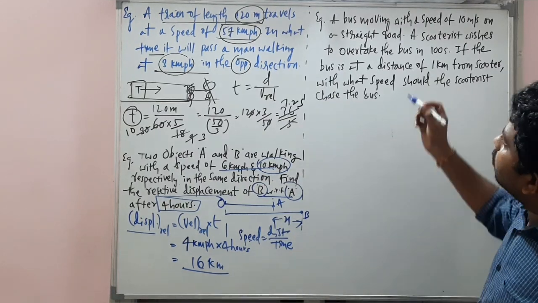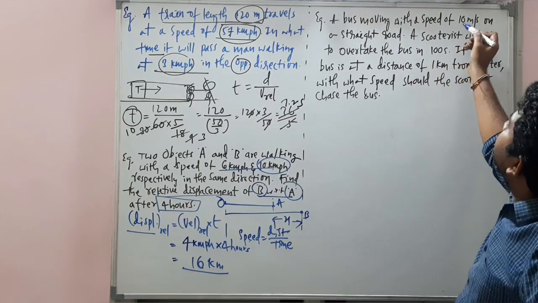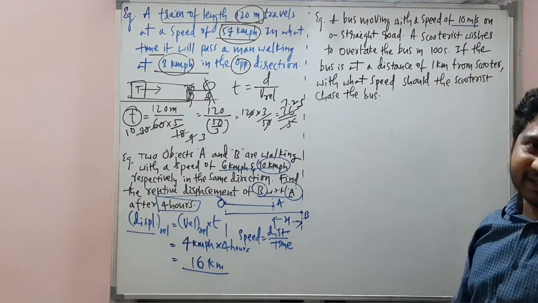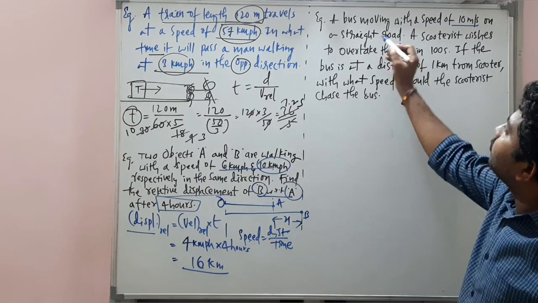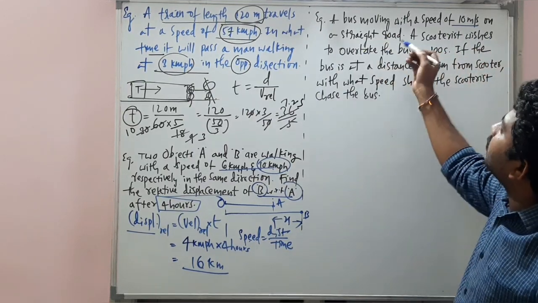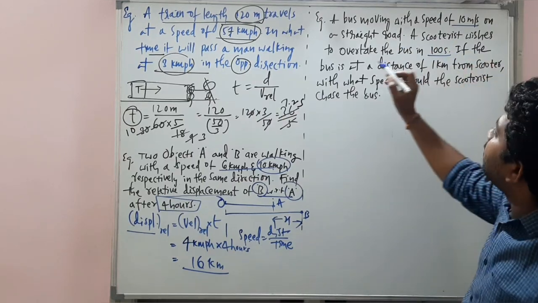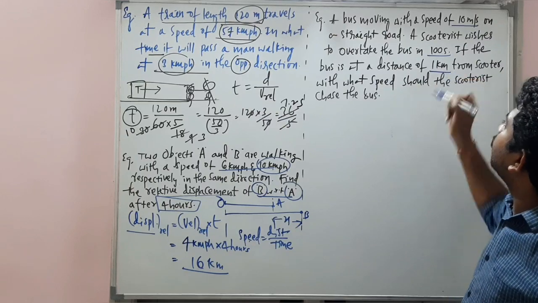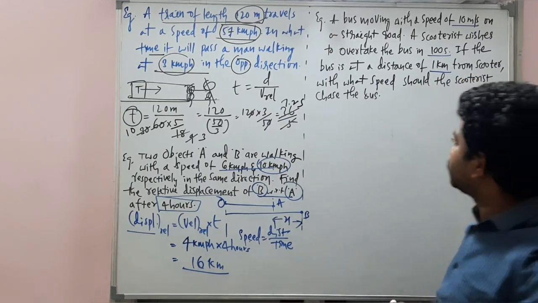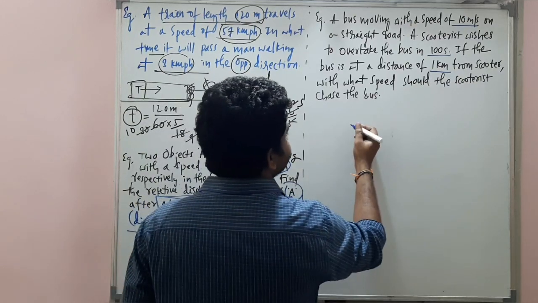Here, there is a bus moving with a speed of 10 meters per second, my dear children, on a straight road. A scooterist wishes to overtake the bus in 100 seconds. If the bus is at a distance of 1 kilometer from the scooter, right? So the basic simple diagram, let me draw here.